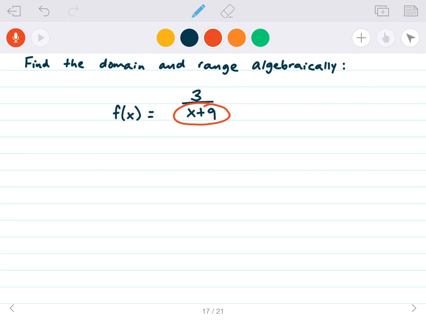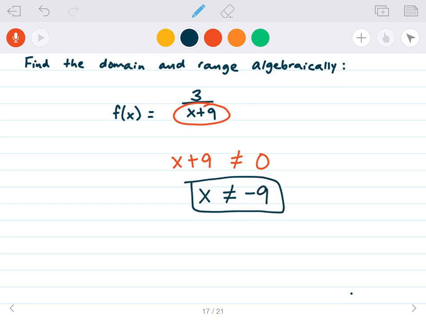When we have a variable denominator, we take the denominator and say that this denominator cannot equal 0. That's our restriction. Then we solve for the variable by subtracting 9 on both sides, and we get x cannot equal -9. Because if x equals -9, the denominator ends up being 0.